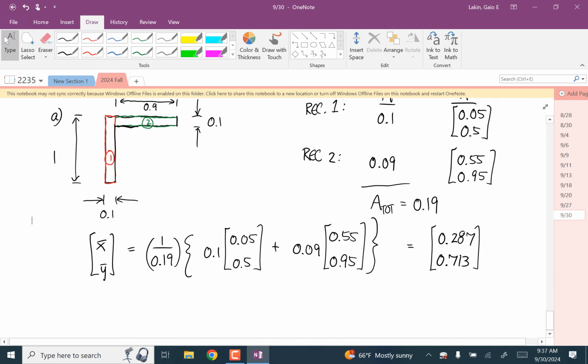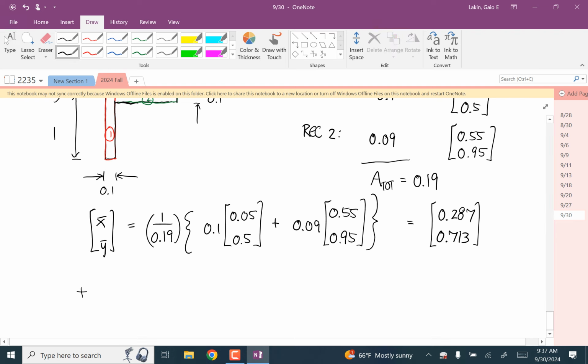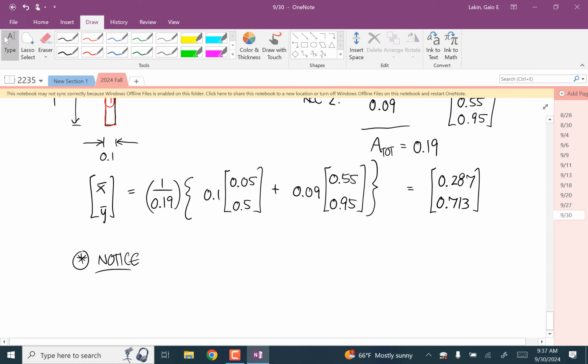All right, so anything interesting you notice about this? That centroid, and so if this is homogeneous, that's also the center of mass. This centroid is not on a material location for this shape.